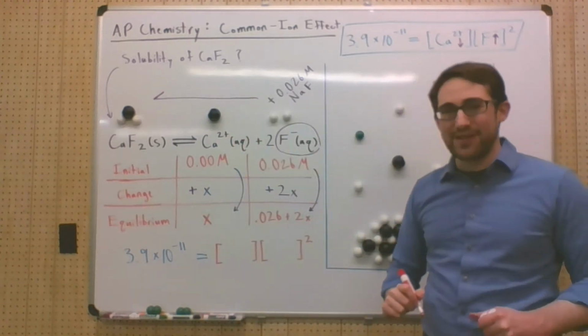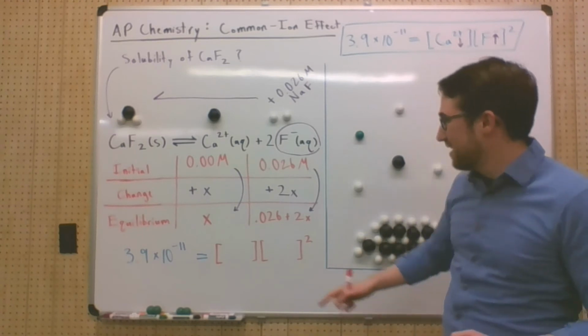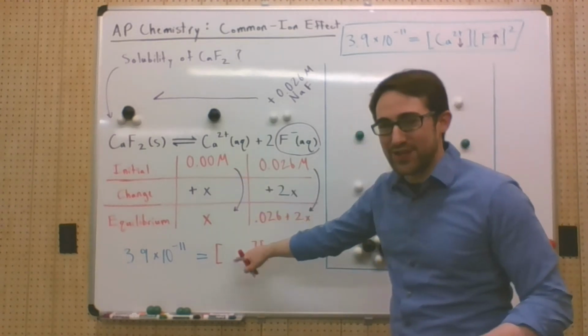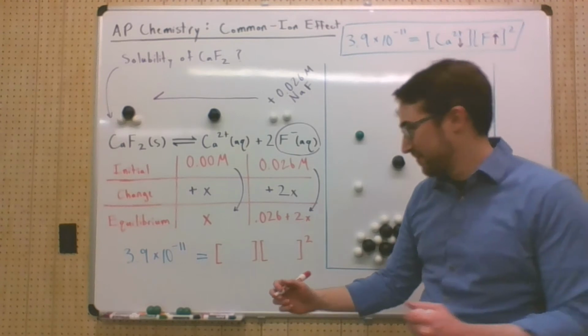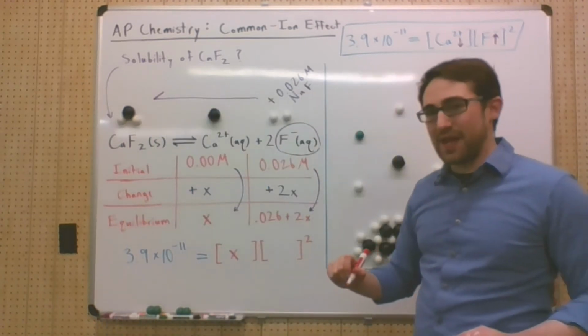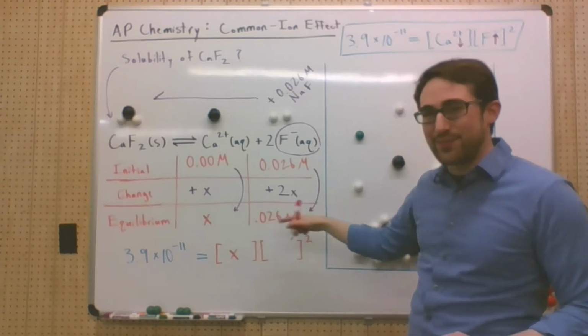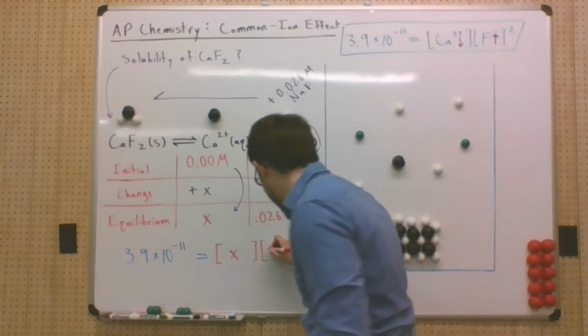So I guess I can't really smush those together. So let's try plugging those in. Okay, my Ca2+ concentration was right here, so I'm going to put my x in there. Okay, and then I've got this 0.026 plus 2x right here.